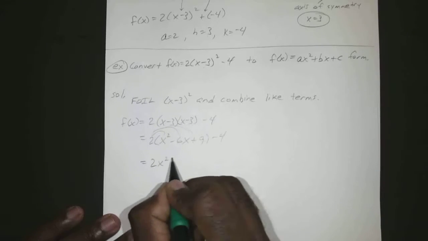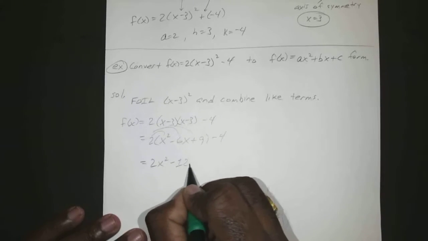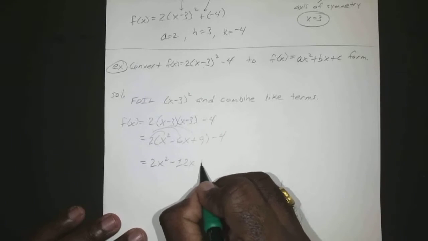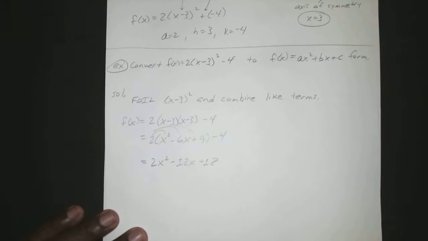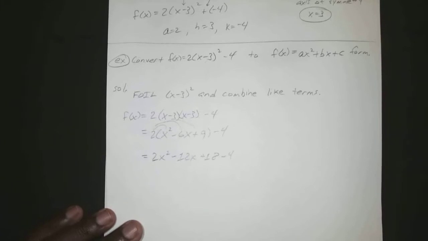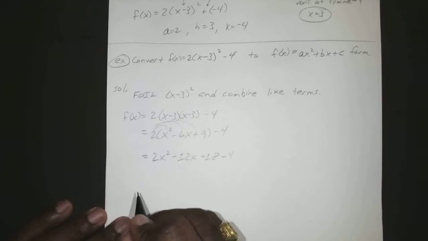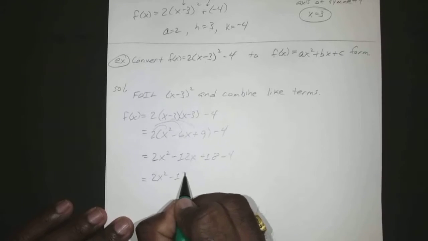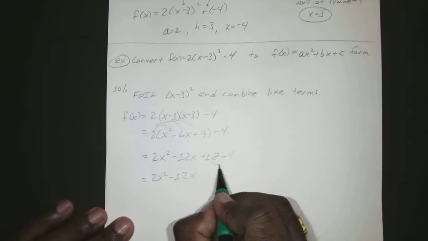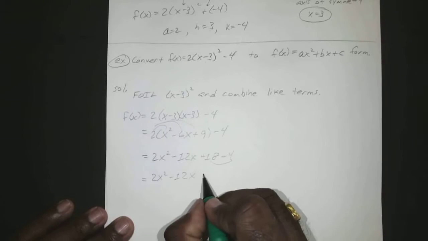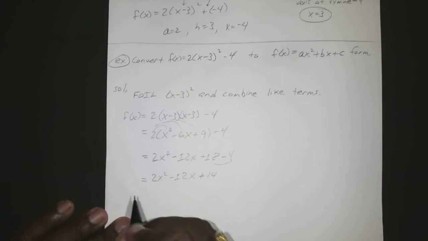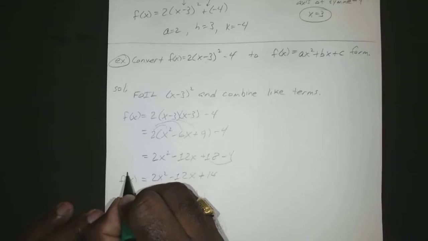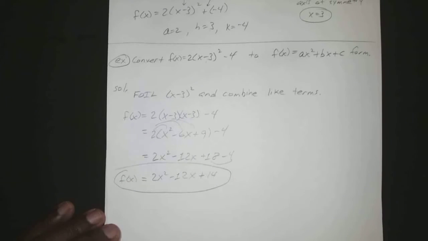So you have 2x squared minus 12x plus 18 minus 4, which would give us 2x squared minus 12x, 18 minus 4 is plus 14. Okay. So you can see those two are exactly the same function.